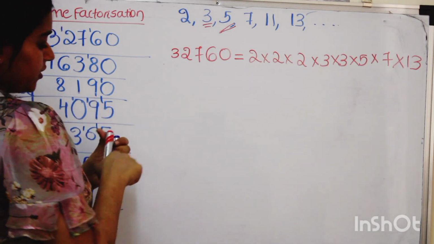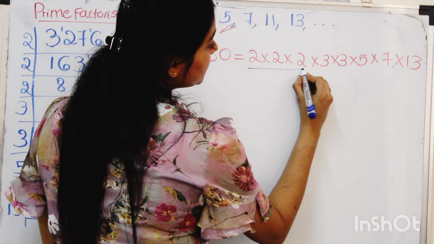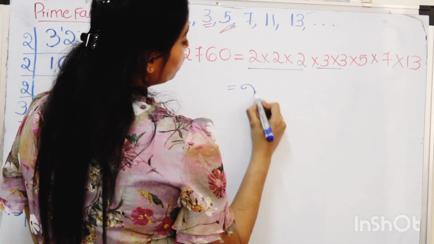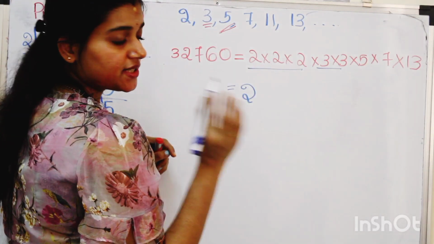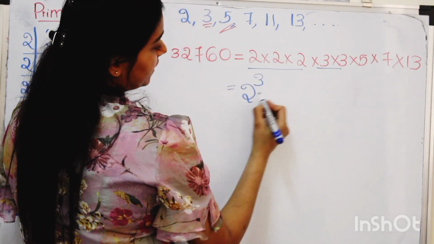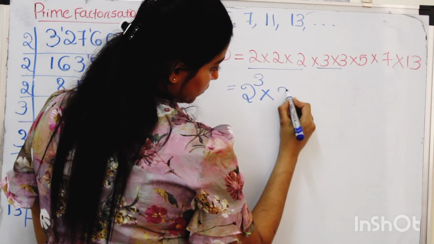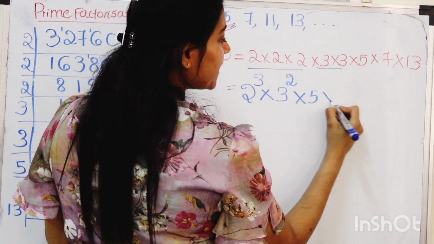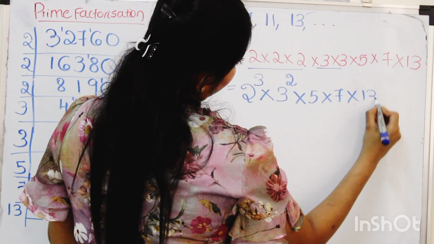So here 2 repeats 3 times, 3 repeats 2 times. So you can also write 2 to the power 3 into 3 to the power 2 into 5, which is 1 time. Write as it is 5 into 7 into 13.